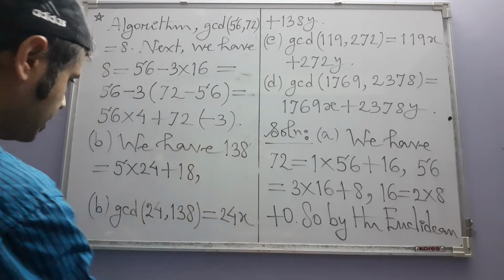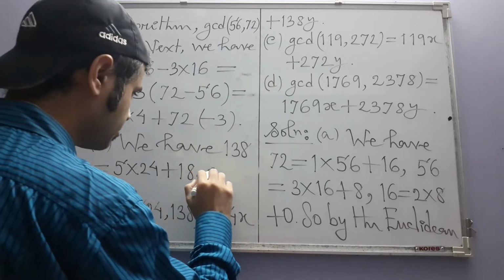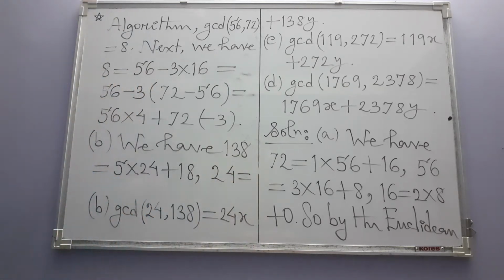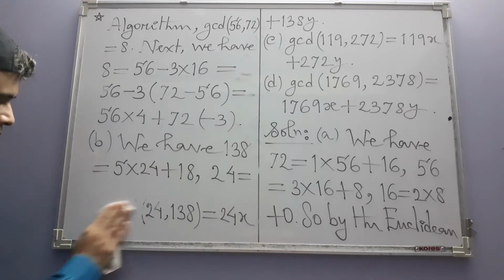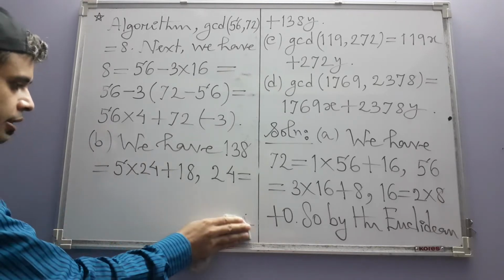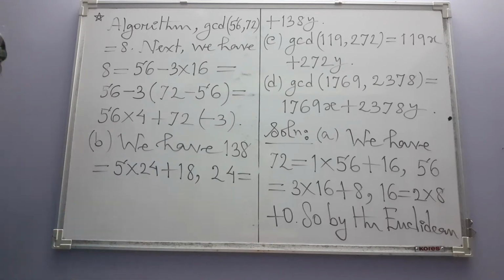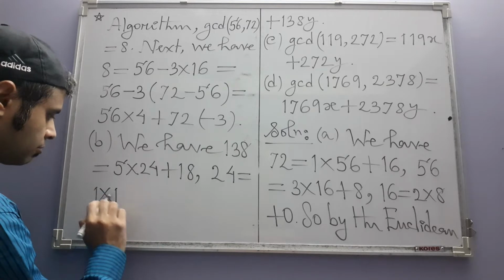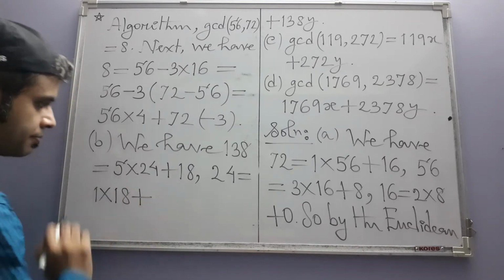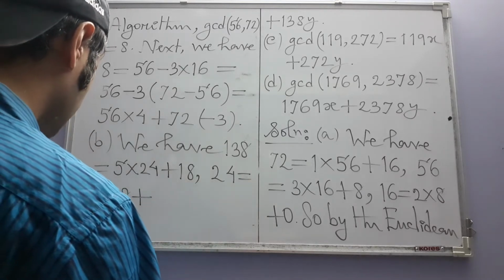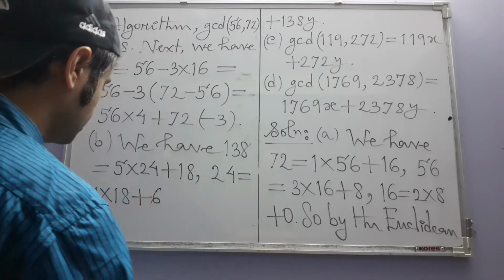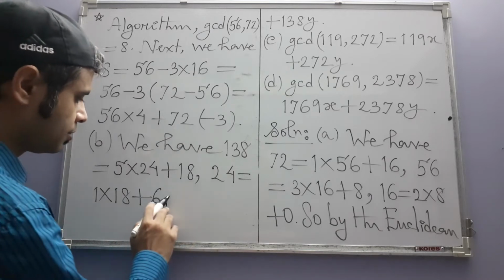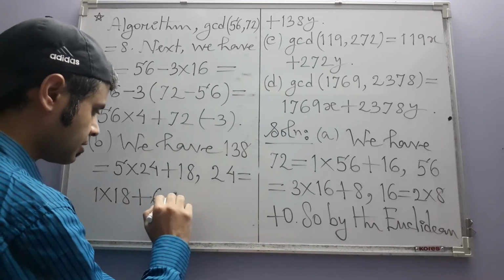Then next we divide 24 by 18. 24 equals, 2 times 18 is 36, which is greater than 24, so it will be 1 times 18 plus the remainder. So it is 1 times 18 plus 6. Then in the very next step we have 0 remainder, because 6 divides 18.